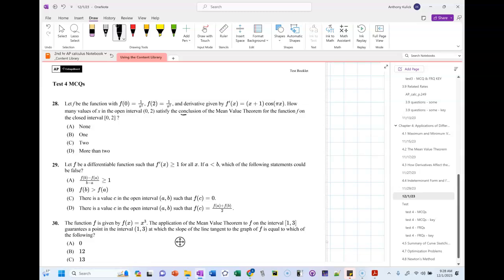So the conclusion for the mean value theorem states that there exists some c such that f prime of c should be equal to that.